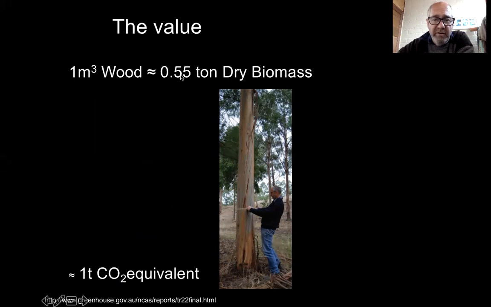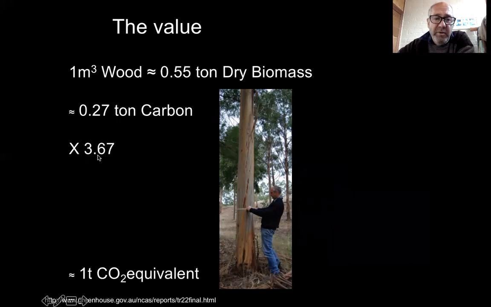Some of our faster growing eucalypts, the wood density might be about 0.55 tonnes of dry biomass per cubic metre. In terms of carbon content alone, about half of that is carbon, between 49 and 51%, but we can pretty much assume half of it is the carbon element.